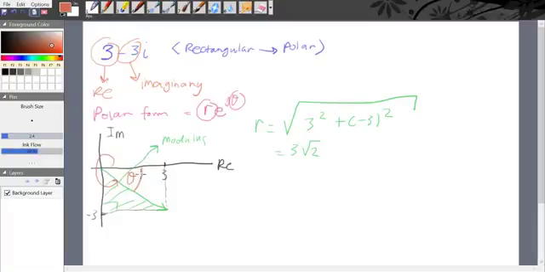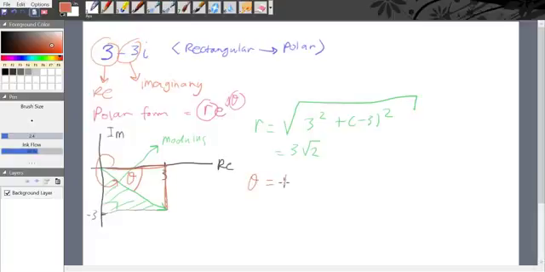We can find theta using trigonometric ratios, since the known sides of this triangle are the opposite side and the adjacent side. We can easily find theta using the tangent ratio. So by using arctangent, we can evaluate theta.